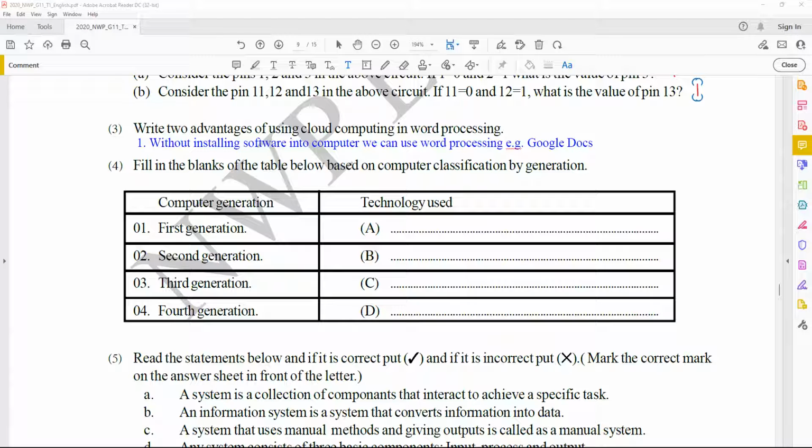You can store it on the internet, isn't it? So one thing you could say: files could be saved on the internet.